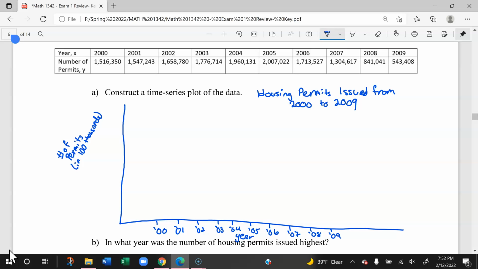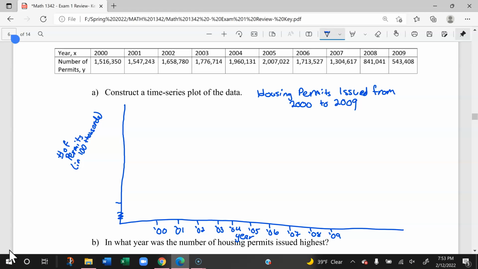That way I don't have to go all the way up. I'm going to put what's considered a scale break here, because notice my smallest number is going to be 5. And so I'm going to go from 5 to a 20.